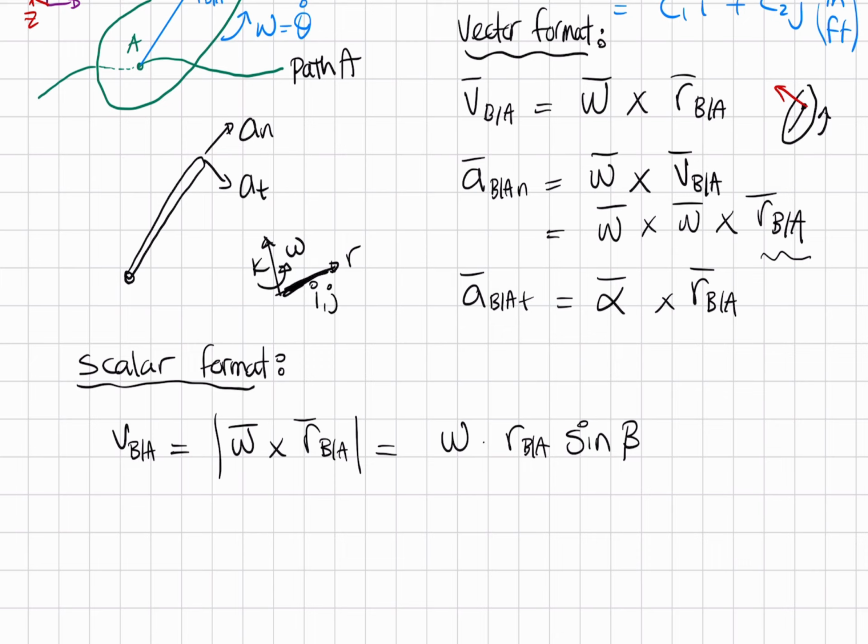These are always at 90 degrees, so beta is equal to 90 degrees. Sine of 90 is 1, and you end up with omega times RBA.